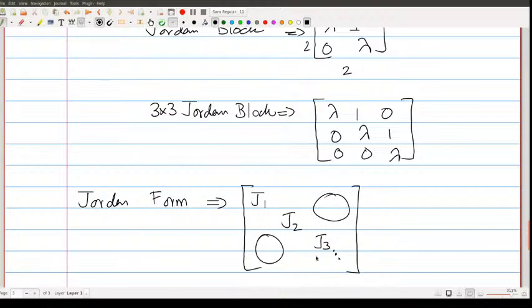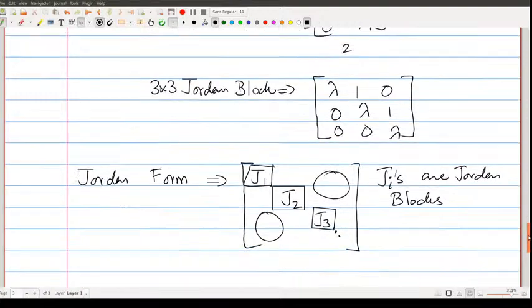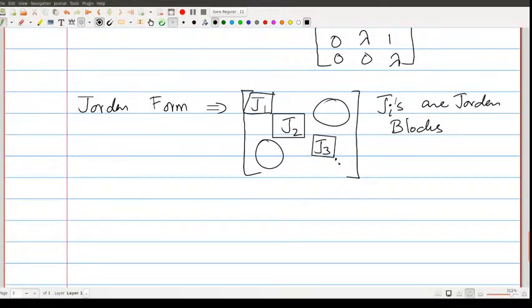So it's just a diagonal matrix where J1, J2, J3, with the Ji's being Jordan blocks, right? Let me give you an example. One example of a matrix in Jordan form is this, such as 3, 0, 3, 1, 0, 0, 2, 0, 0.